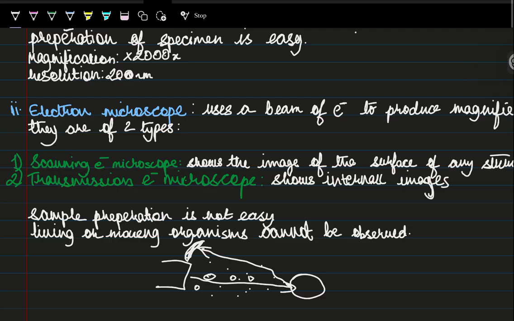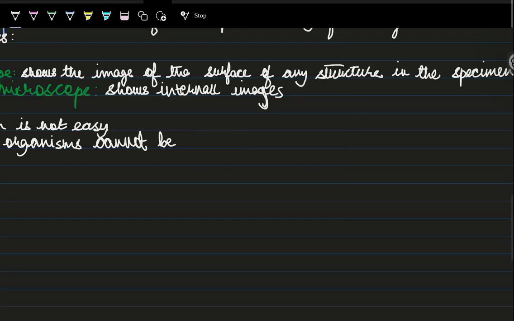Now, if the specimen is moving, the electrons will not hit the specimen and the image formation will not be possible. So that's why we cannot observe living or motile organisms under the electron microscope.